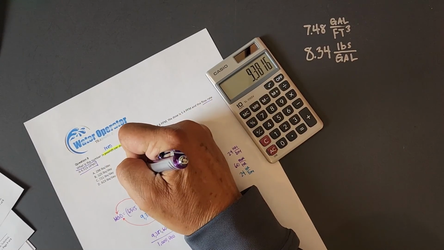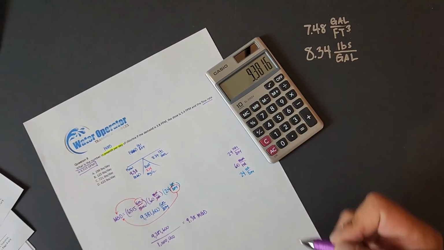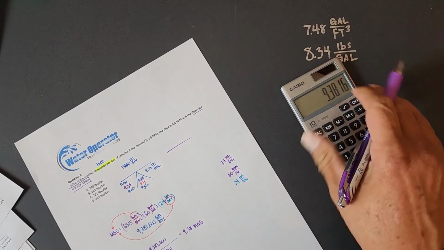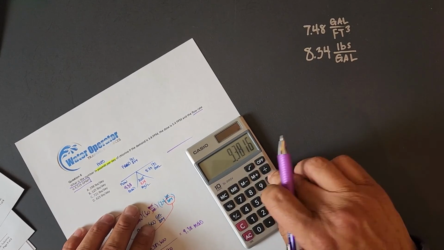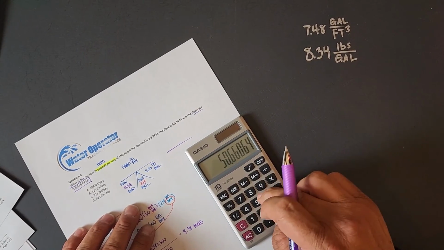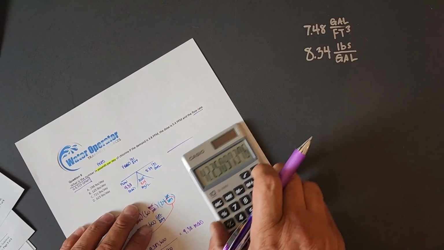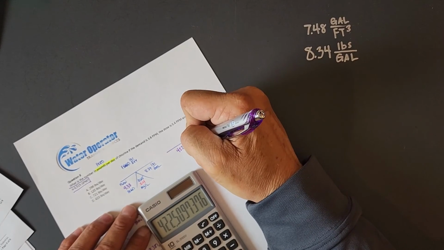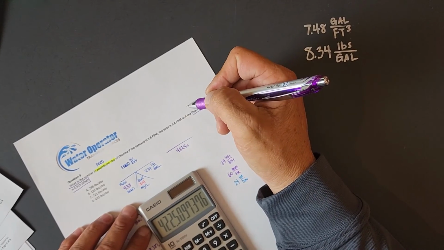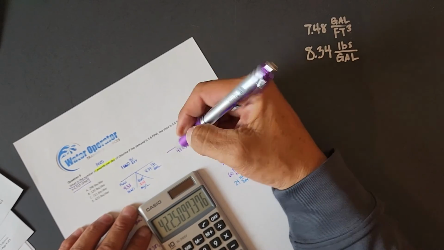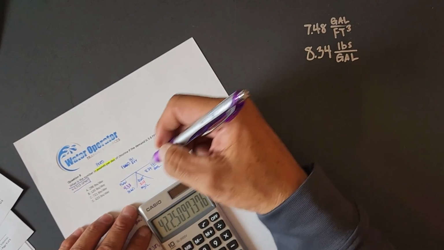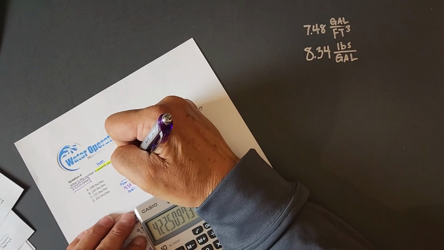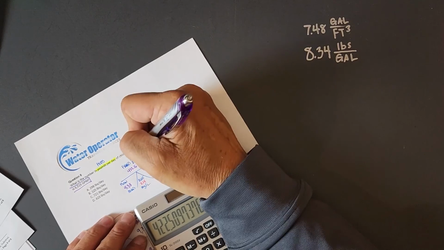So we'll put the 9.38 right there. 9.38 times 5.4 times 8.34, and that's going to give us 422.50. Why did I draw this? I don't need any of this. Multiply that by that by that, and it's going to give me 422.5 pounds per day.